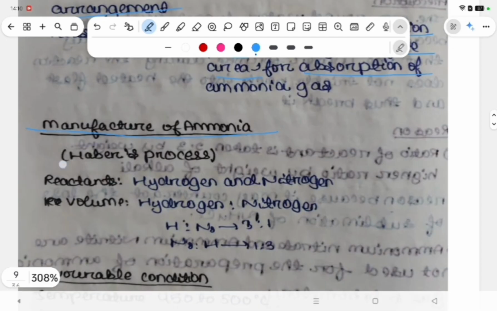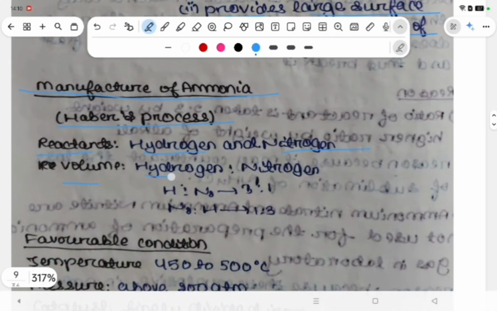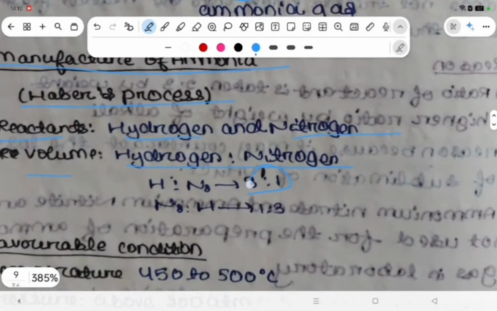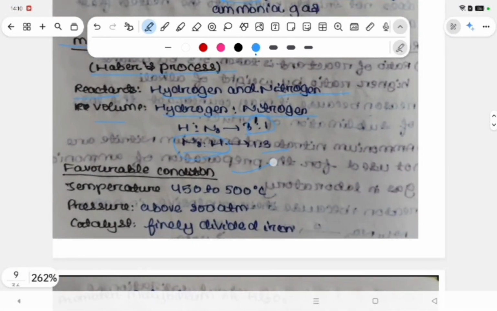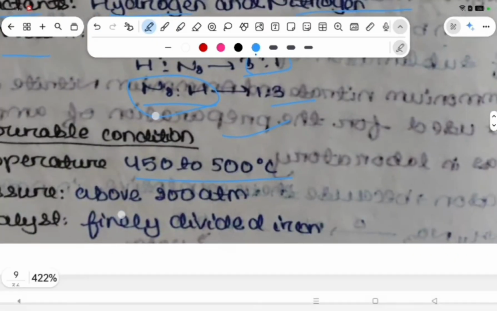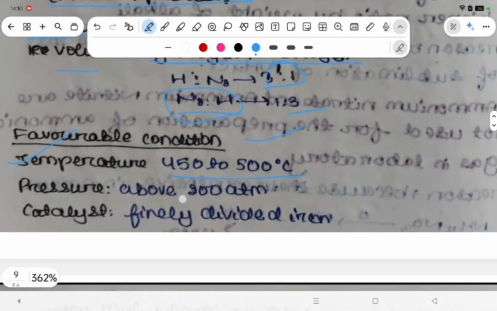Manufacture of ammonia, Haber's process. Reactants: hydrogen and nitrogen. Volume ratio of hydrogen to nitrogen is 3:1, that is nitrogen to hydrogen 1:3. Favorable conditions: temperature 450 to 500 degrees Celsius, pressure above 200 atmospheres.